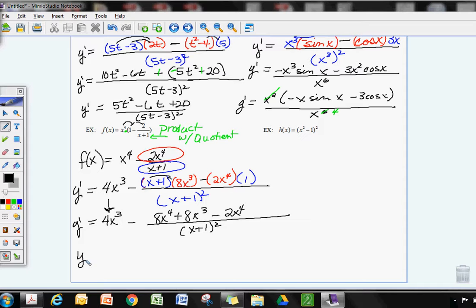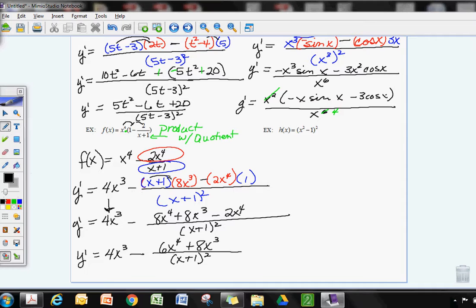And finally, my derivative is 4x to the 3rd, subtract, 8 and 2, I'm going to have subtract 6x to the 4th plus 8x cubed all over x plus 1 quantity squared. Now, I could have you do more simplifying, but I'm not going to. So that is a demonstration of quotient rule.